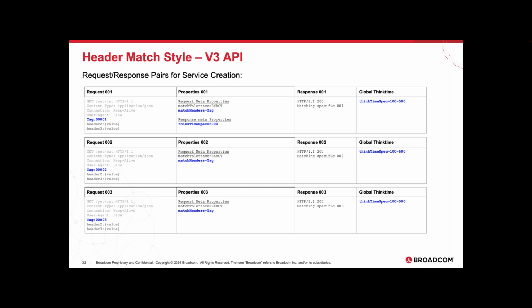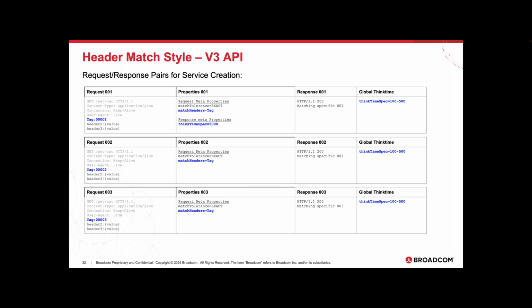Now, I also want to use the tag. I have got tag 1, tag 2, tag 3, some leading zeros, but tag 1, tag 2, tag 3, that I want different responses. In fact, I have specific 1, specific 2, specific 3, just to make it easier to see. But I want specific responses based on that tag that I'm passing.